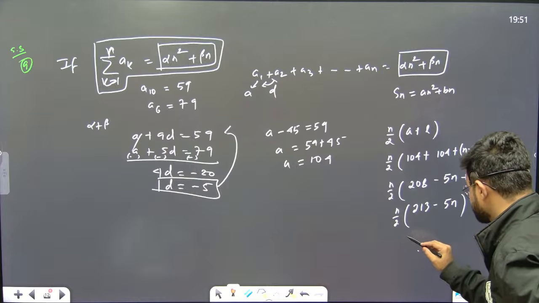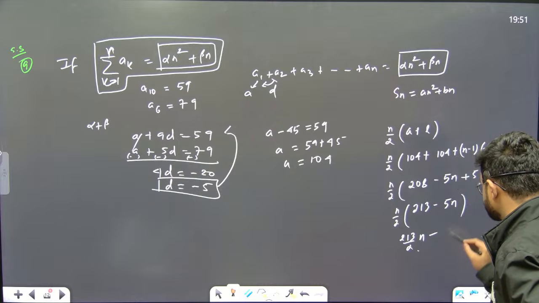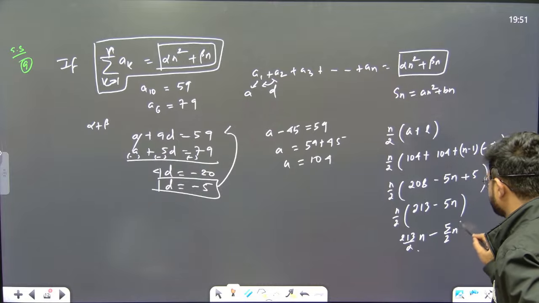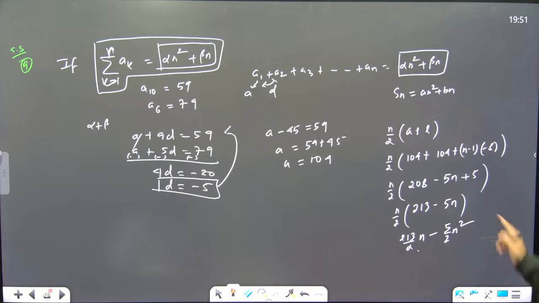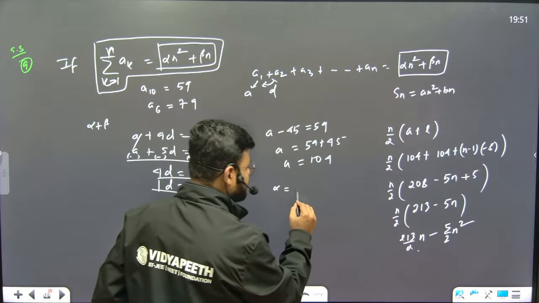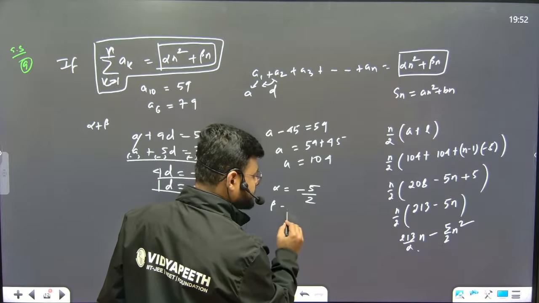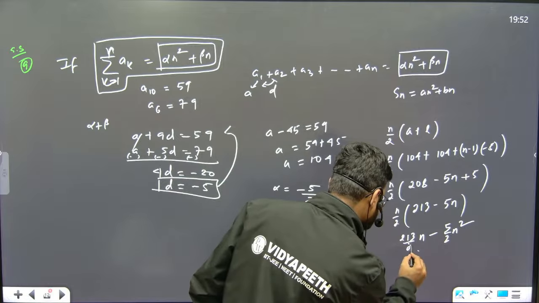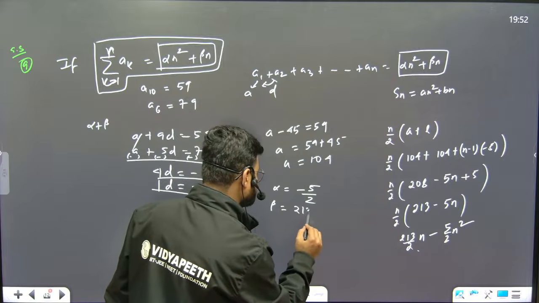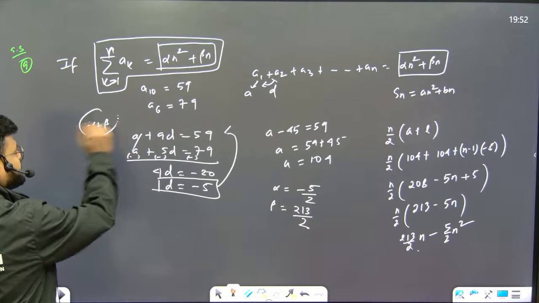Multiplying this, you will get 213 by 2 into n minus 5 by 2 into n square. Now if I compare, alpha is the coefficient of n square, so alpha is going to be minus 5 by 2, and beta is the coefficient of n, which is 213 by 2. Now you can substitute the values and get the correct answer.